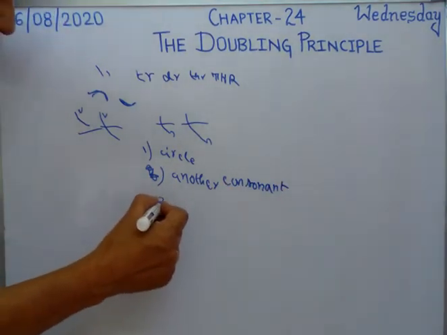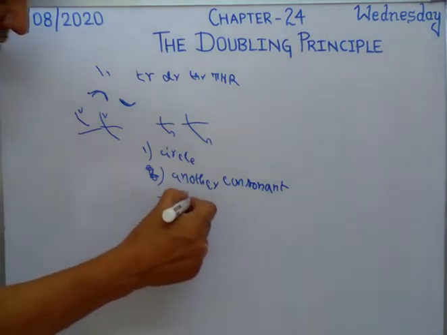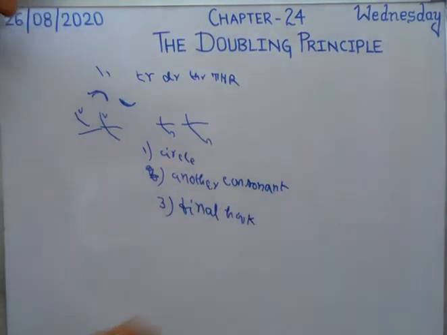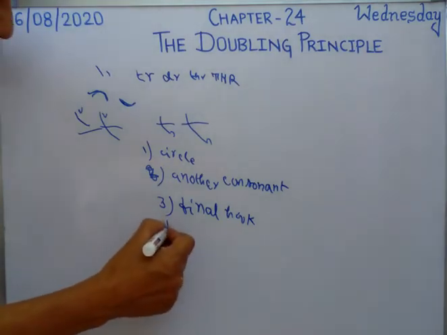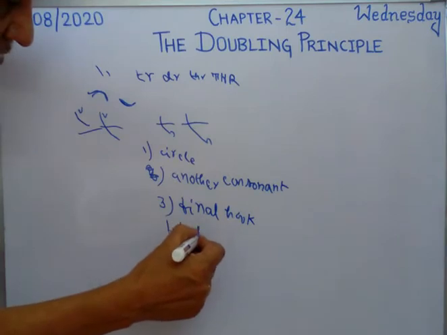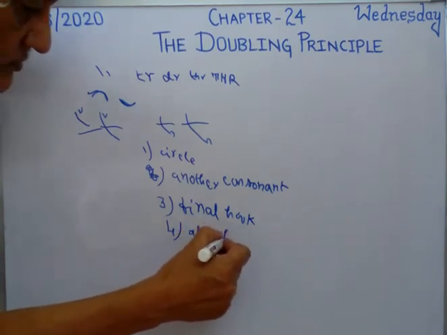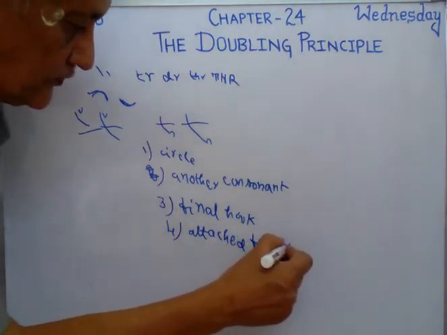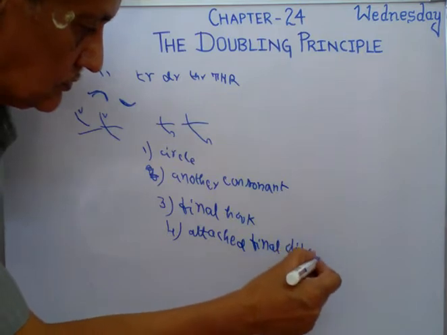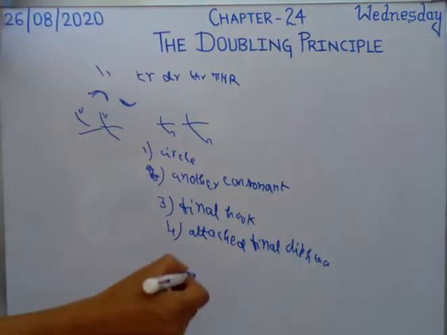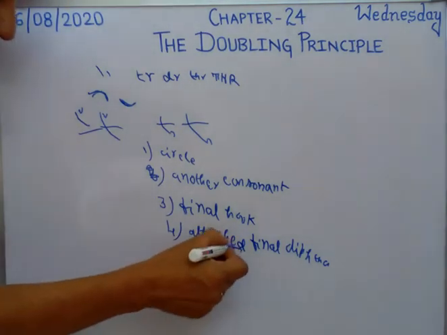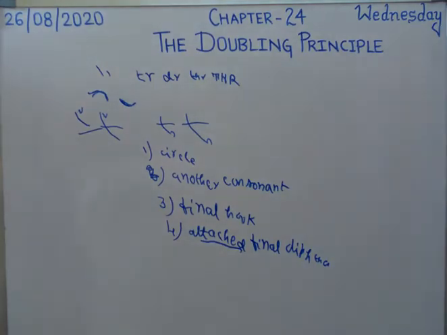Or there must be a final hook. Which are the final hooks? N hook, F or V hook, or Shen hook. Or fourth condition, there must be an attached final diphthong. Which are the final diphthongs? O and U. And the condition is that it should be attached. Now let us take one by one.